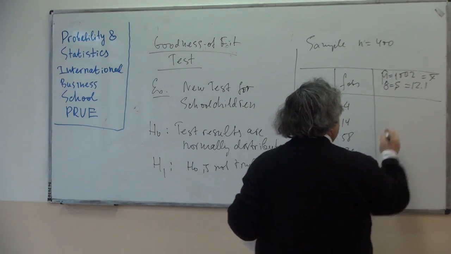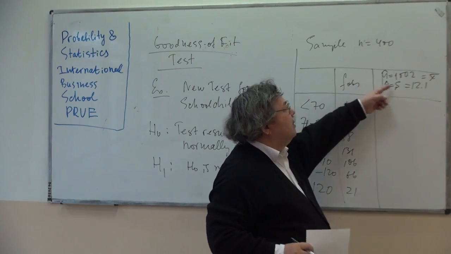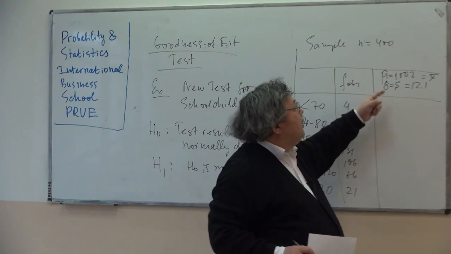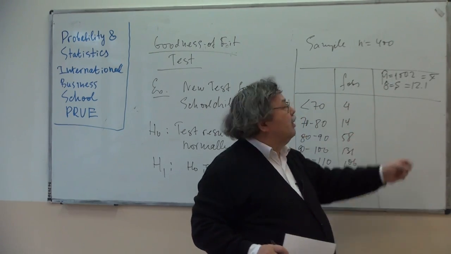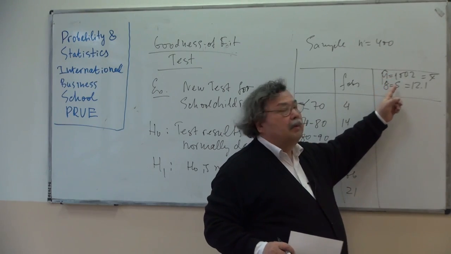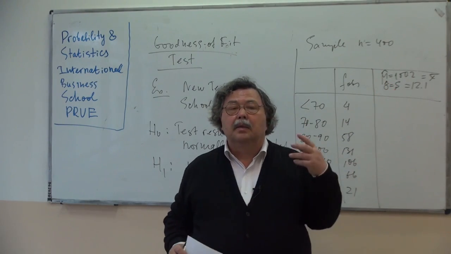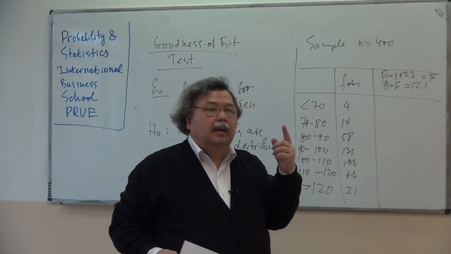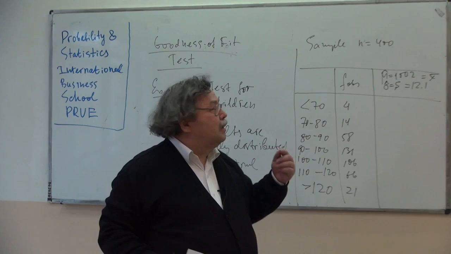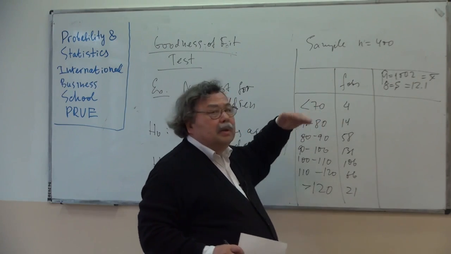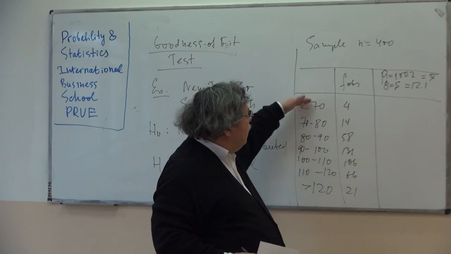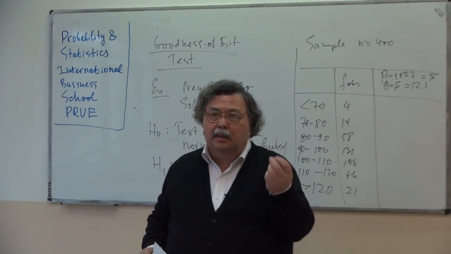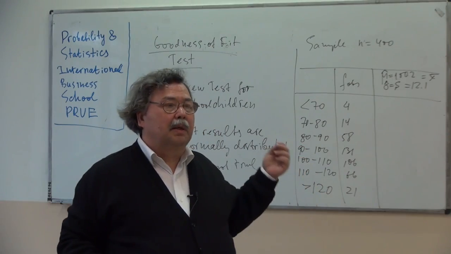Now the next logical step is important. Using the normal distribution with this value of mu and this value of sigma, we can calculate how many occurrences we would expect to obtain in each of these brackets if we really had an exact normal distribution with these parameters.